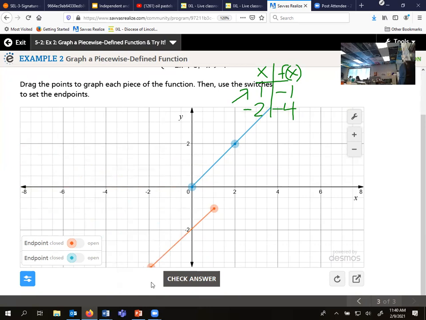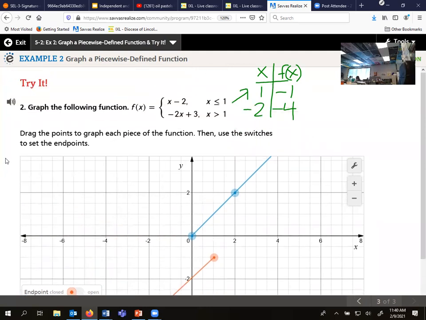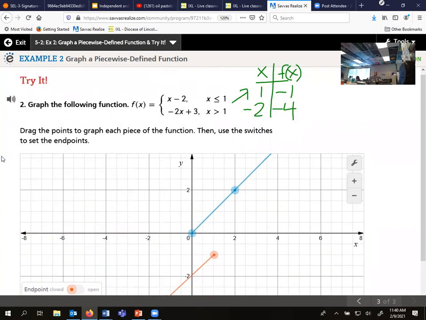Does this part of the graph include 1 or does it not include 1? It includes 1. So it's just like when you're graphing an inequality, where we have that open circle, closed circle thing.